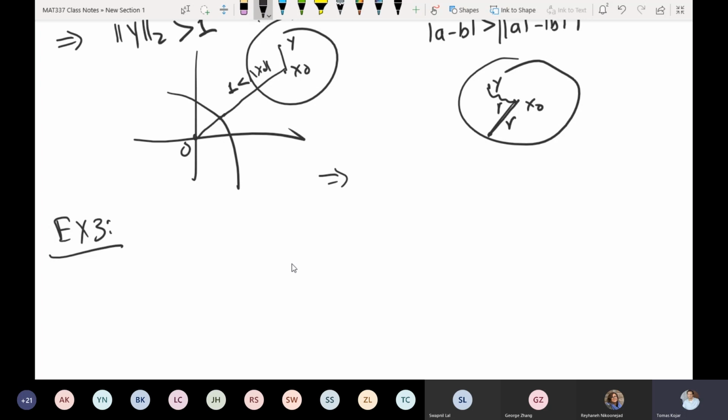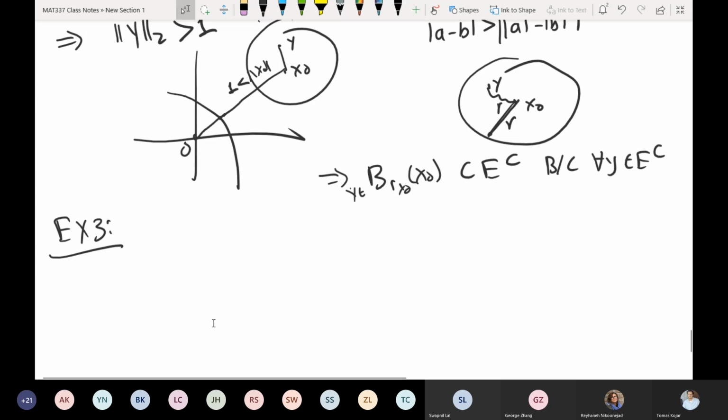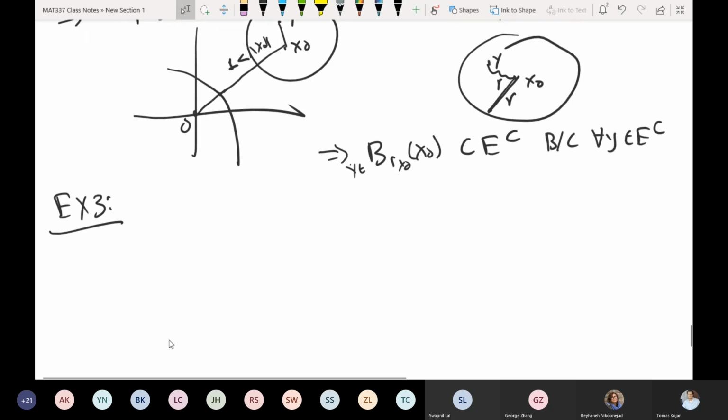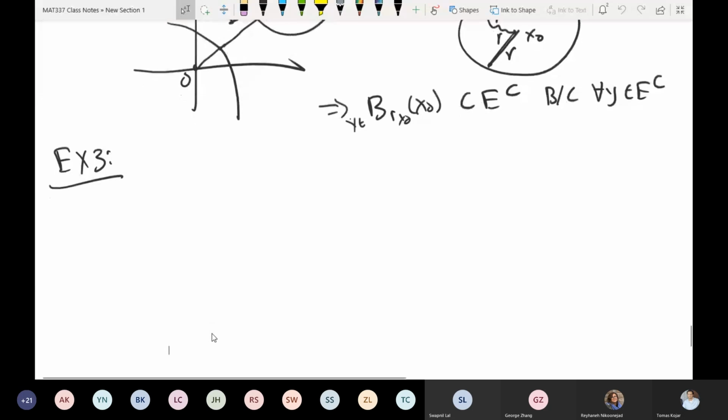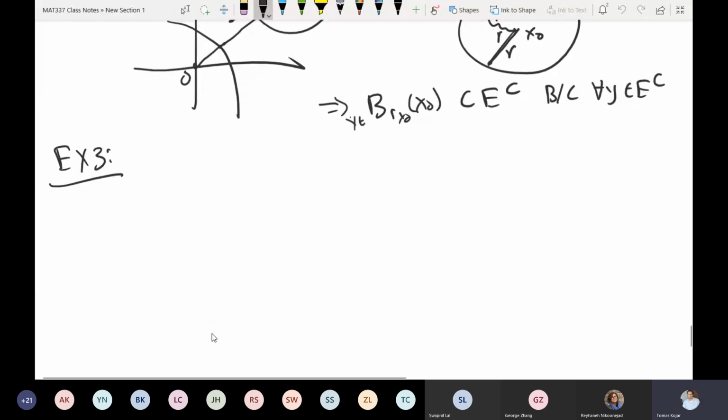So we showed that B_R(x naught) is fully contained in the complement because all y are in the complement. I'll type this more carefully because I want to do some other example.